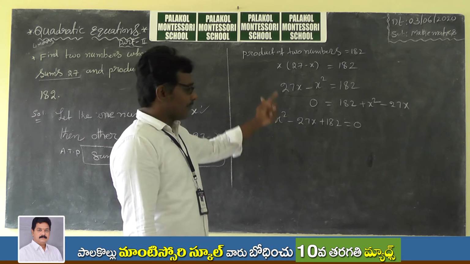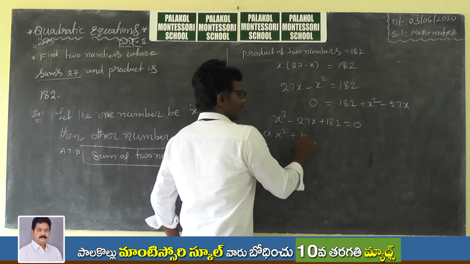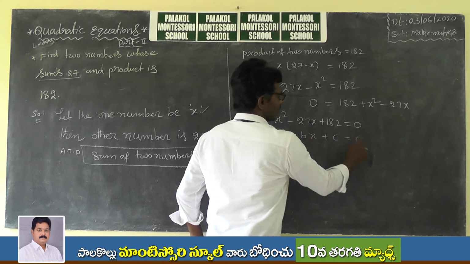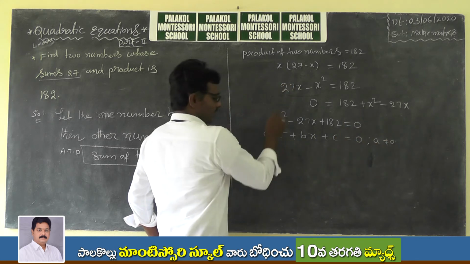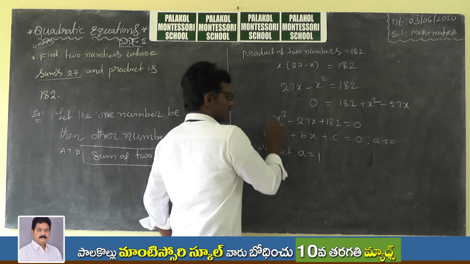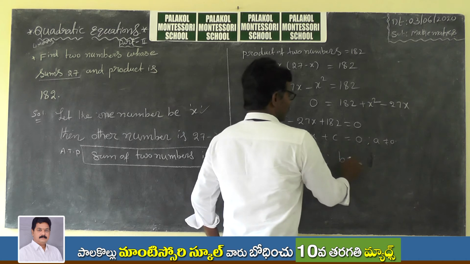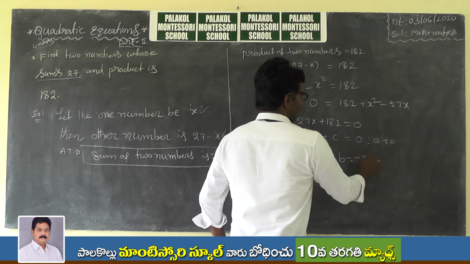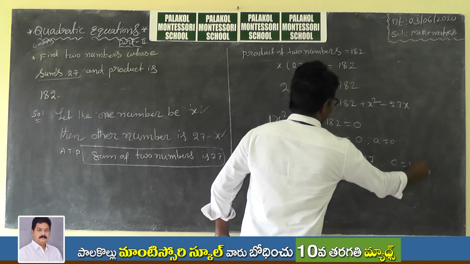Guys, compare it with the standard quadratic equation ax square plus bx plus c is equal to 0, where a is not equal to 0. So you get a value equal to 1, b is equal to minus 27 and c value is equal to 182.